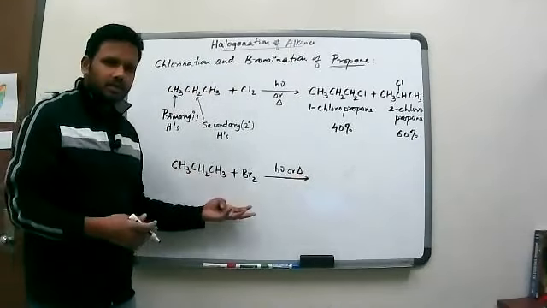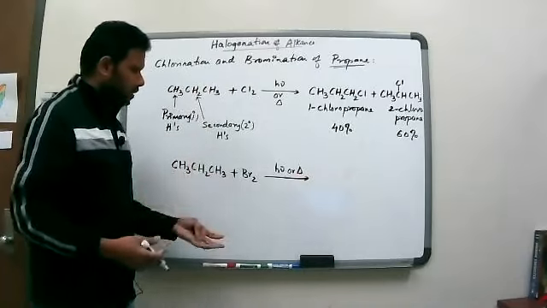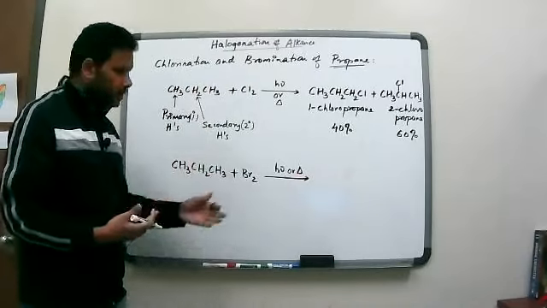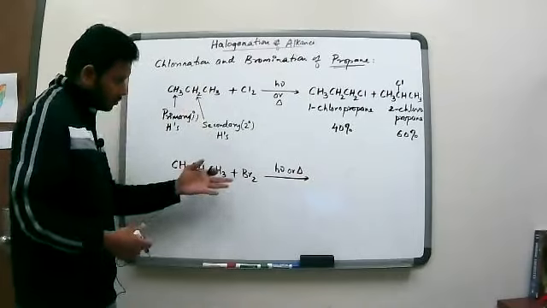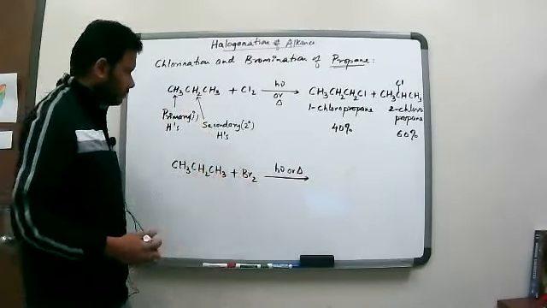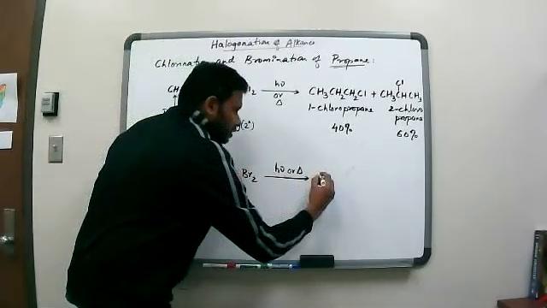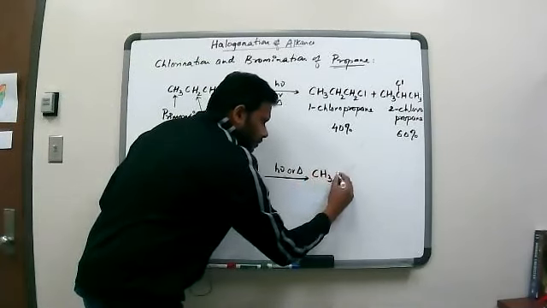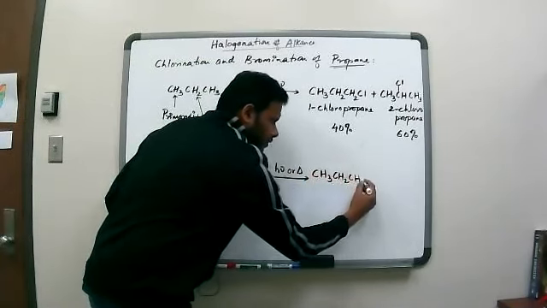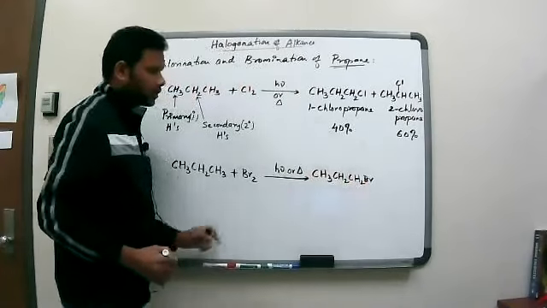In fact, bromination sometimes needs a little bit of heat and light. It's beneficial, and we will see why. So bromination, heat or light is fine. If we do this, I think again, we should expect 2 products.